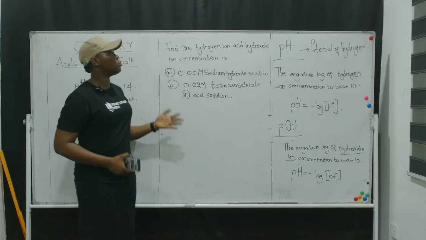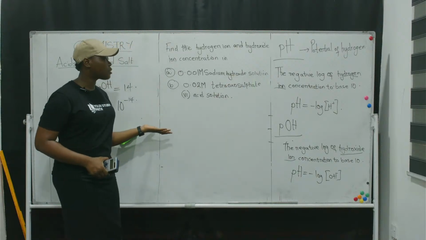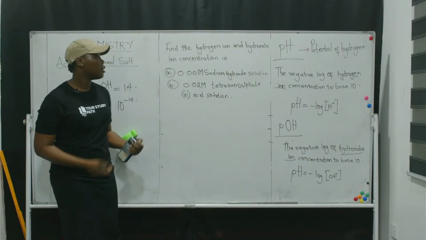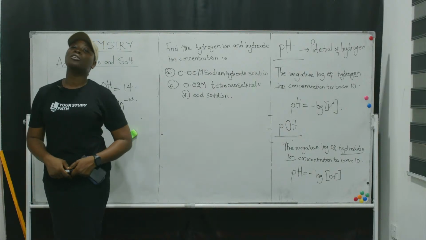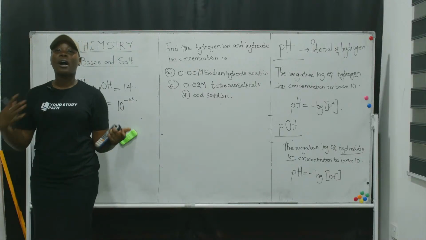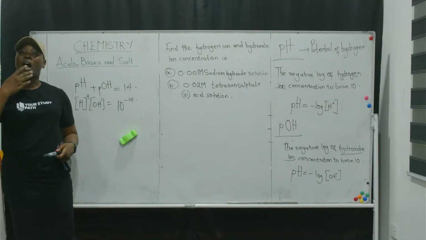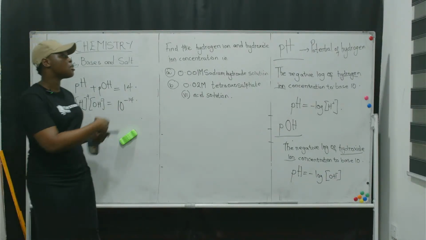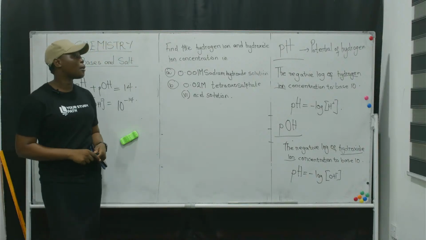We're not told the order, we're just told to calculate hydrogen and hydroxide. For each compound, the first thing to write is the formula. In that way, we'll know if it is monoacidic or diacidic, how many replaceable hydrogen ions it has for an acid, and for a base, how many OH ions it has that can be replaced.